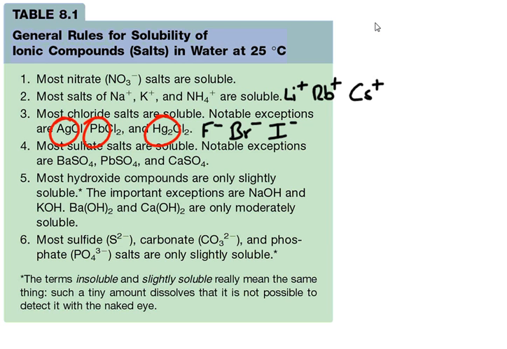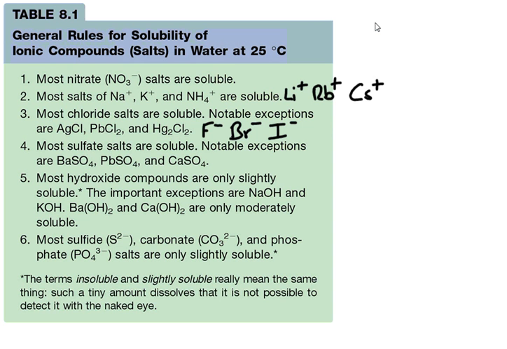So those are going to be insoluble, whether they be a fluoride, a chloride, a bromide, or an iodide. You won't see too much of mercury, I'll let you know, but silver and lead do definitely stick out, and you should know that. So the lead 2 and the silver ions are not soluble as chlorides, fluorides, bromides, iodides, and so forth. So let's clear that out a little bit.